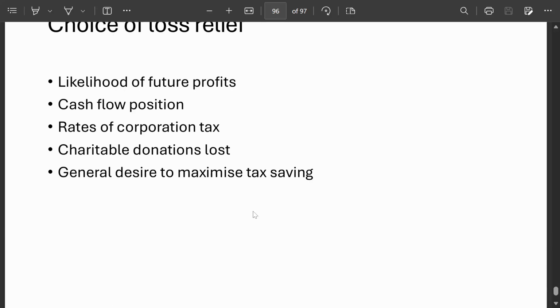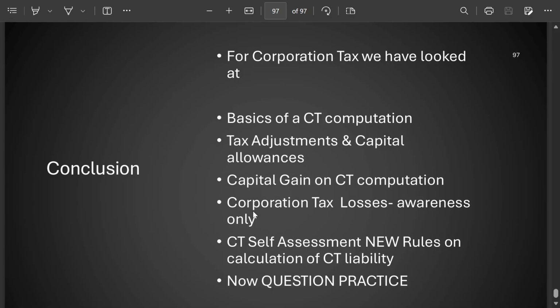Okay, so these are some basics. As it says here, corporation tax is only basic awareness. You need to know where to go, where to adjust it, at what stage of the pro forma, and that's it.